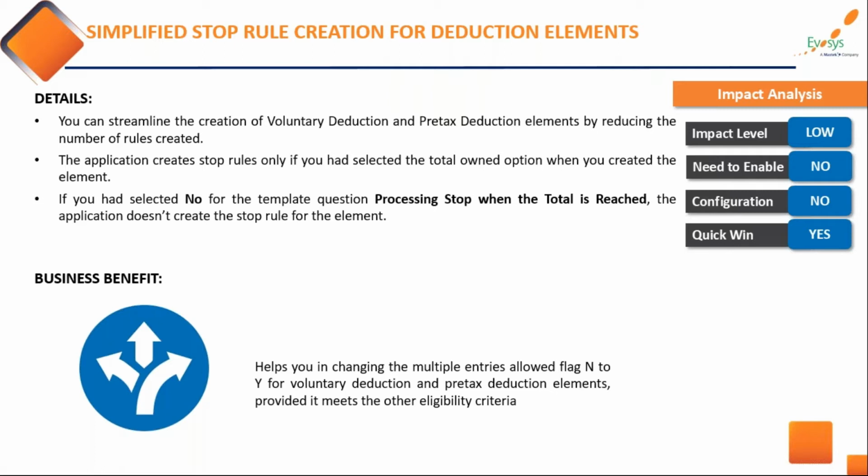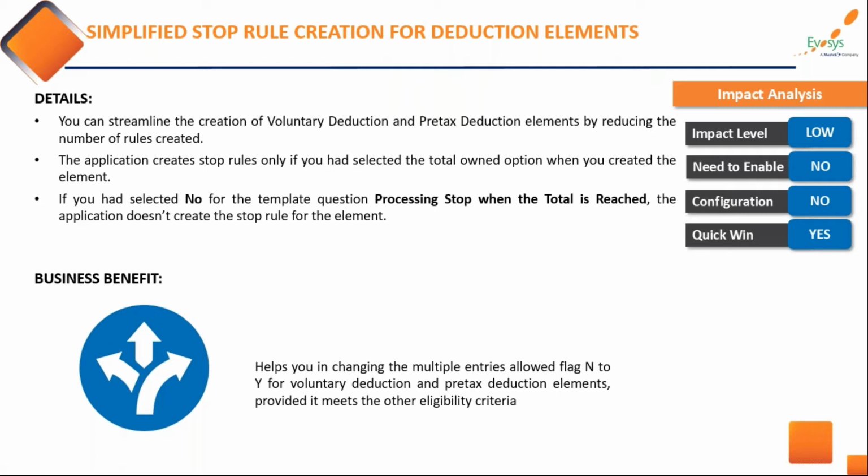Now, if you say no to that question, the system will also allow you to change the multiple entries flag from N to Y. Let me take an example of how it will impact. Let's suppose you have a new 401k element. Previously, you were using it as a percentage basis, and it was supposed to come out of the regular payroll run only.